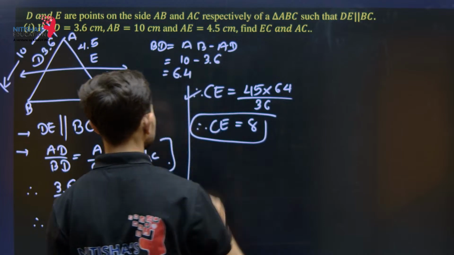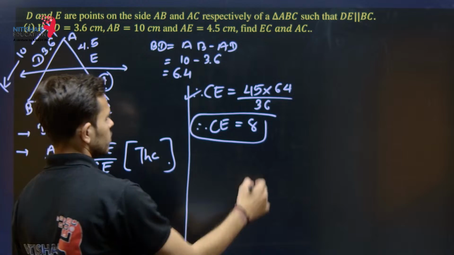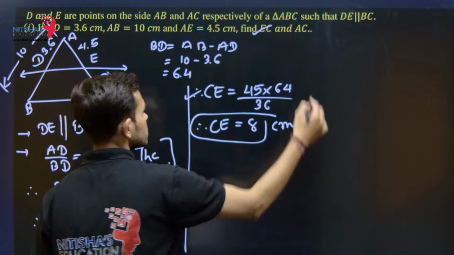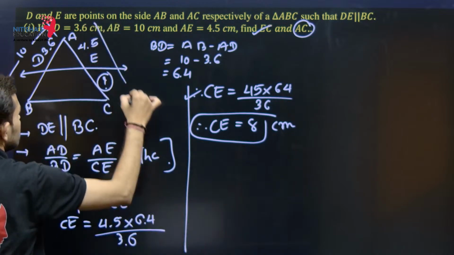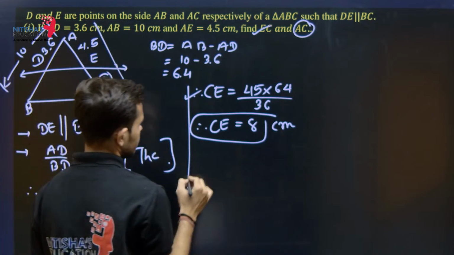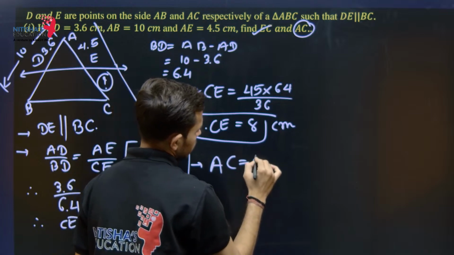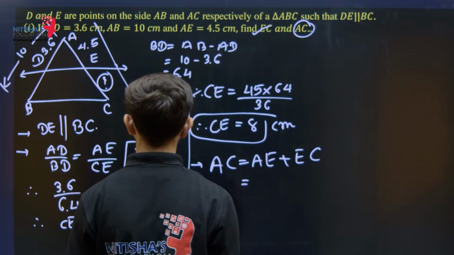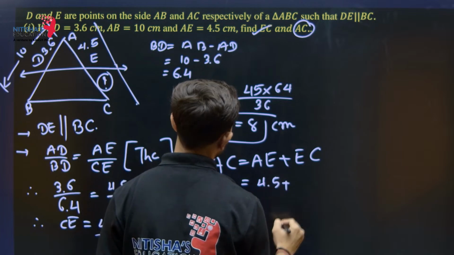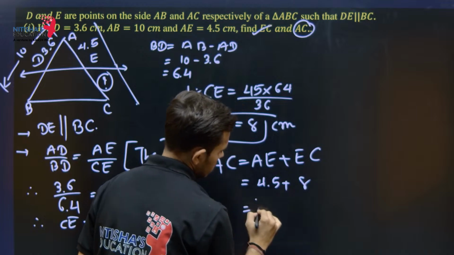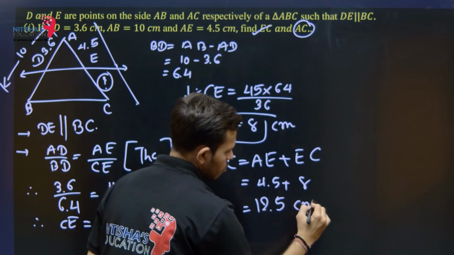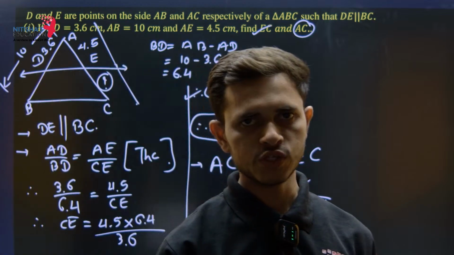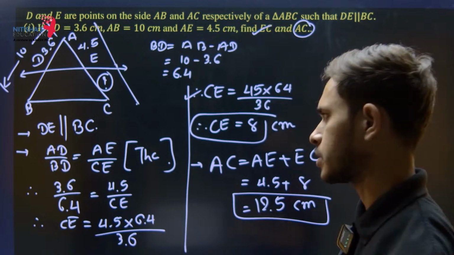If you simplify this, you get the answer CE 8, which is in centimeter. So we get our first answer. What is now AC? AC is AE plus EC. What is AE? AE is 4.5. What is EC? It's 8. So our answer is 12.5 centimeter. So you can use this Thales theorem in this way to solve your answer.